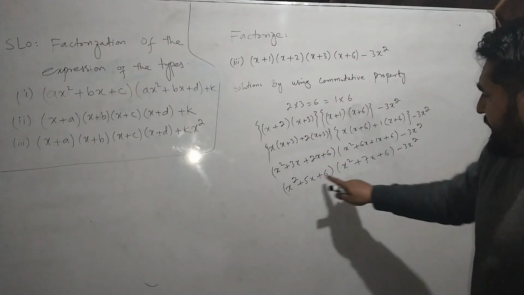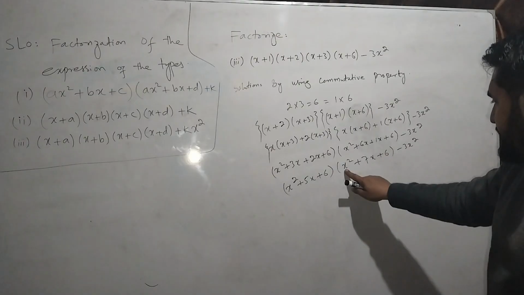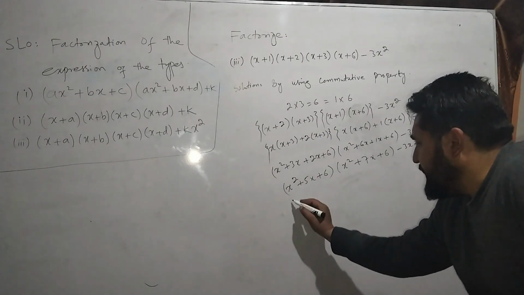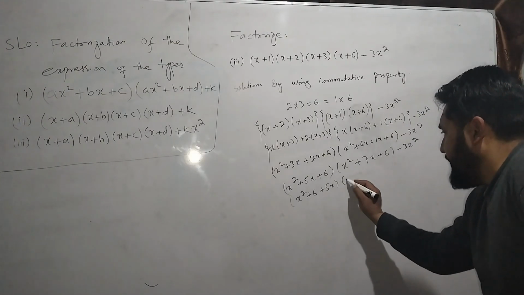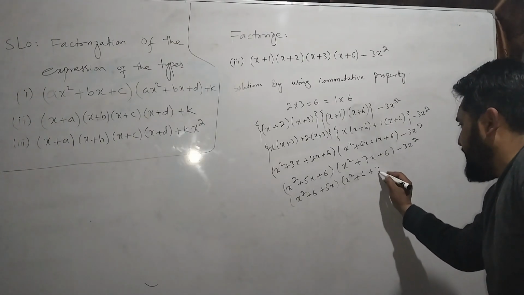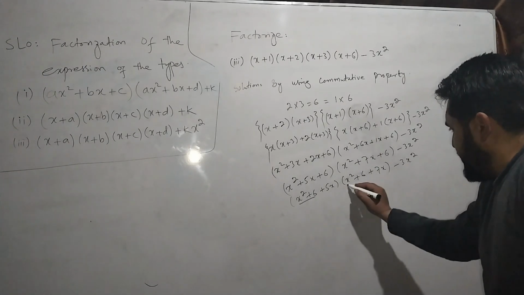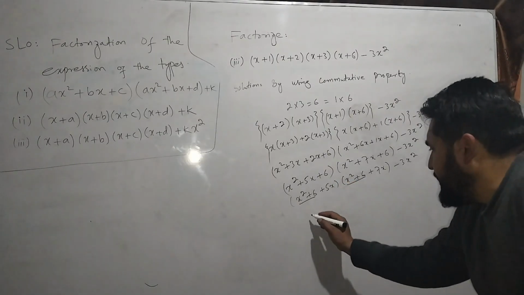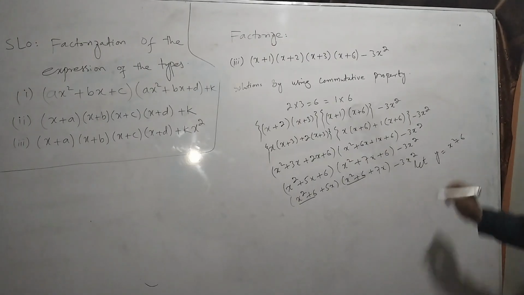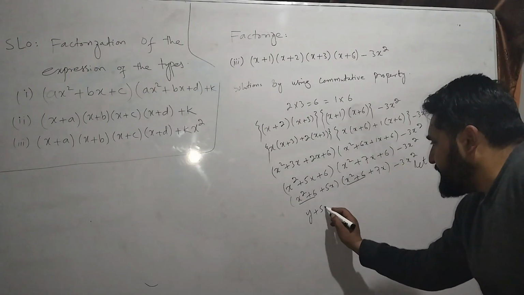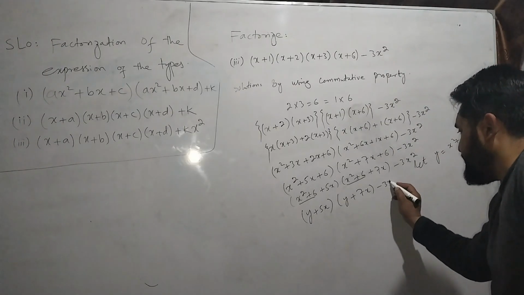Now these two terms and these two terms are not same, but these and this and this are same. So we just rewrite this one: x square plus 6 plus 5x, x square plus 6 plus 7x, minus 3x square. Okay, these two are same. We just let y is equal to x square plus 6. So y plus 5x into y plus 7x minus 3x square.